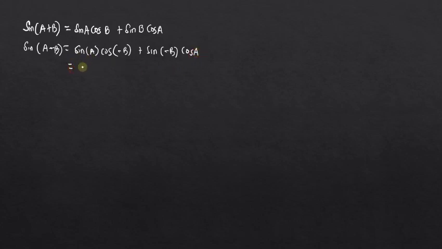And we know that sine of A will give us sine of A, and then cos of negative B will just give us cos of B. Then sine of negative B will be equal to negative sine of B. So we'll bring negative sine of B.